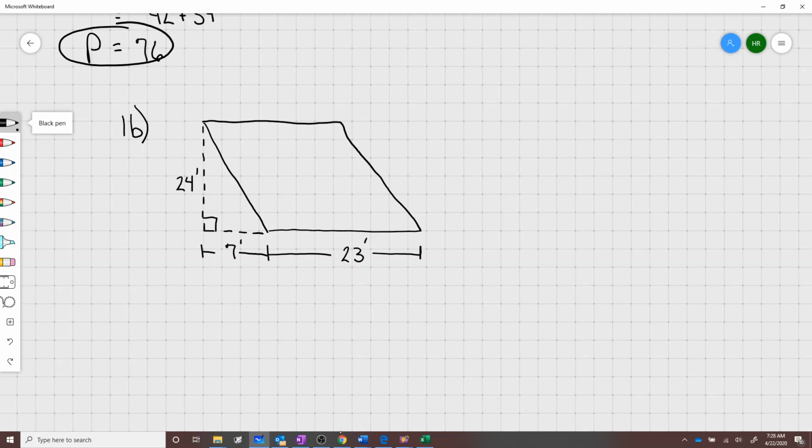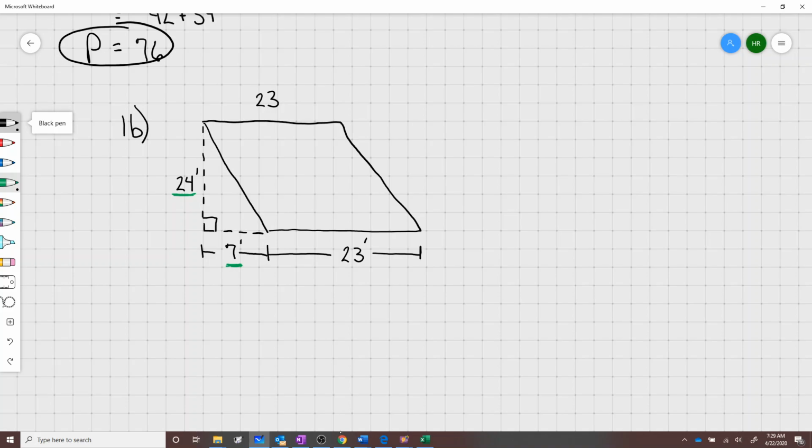So let's fill in what we know. We know that if the bottom of this parallelogram is 23, that the top is 23. And what we don't know is the left side and the right side of this shape. Alright, but over here on the left side, the height and this outside segment form a right triangle.